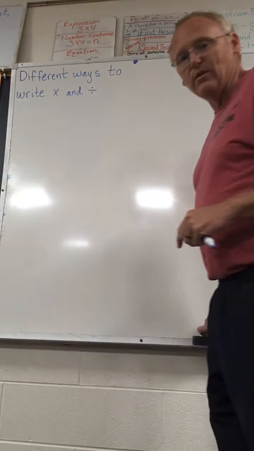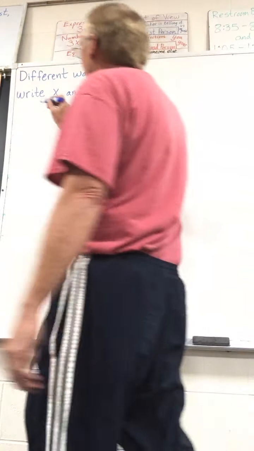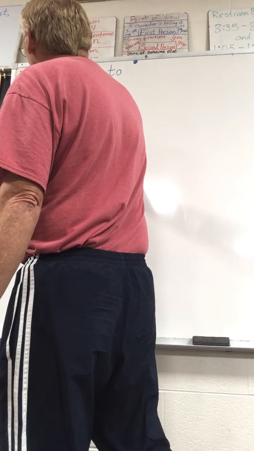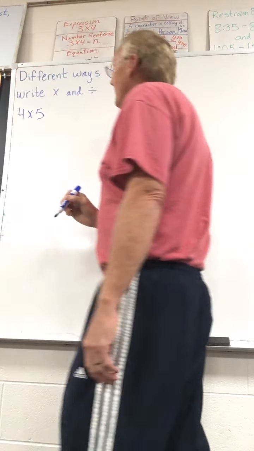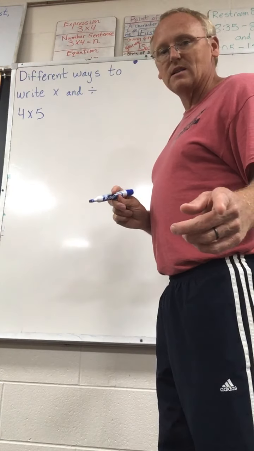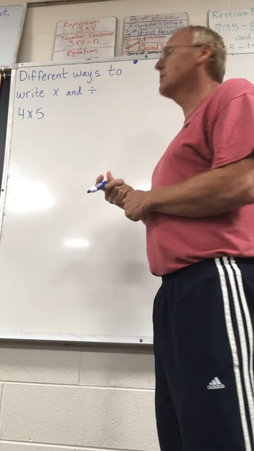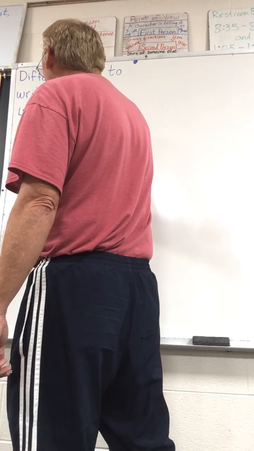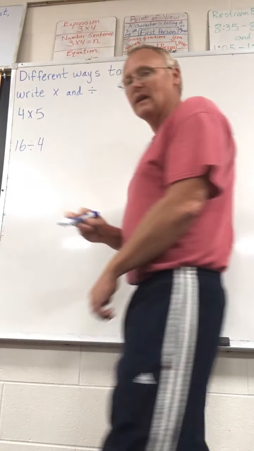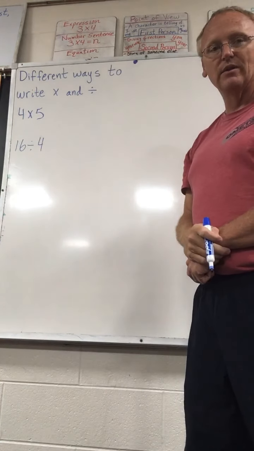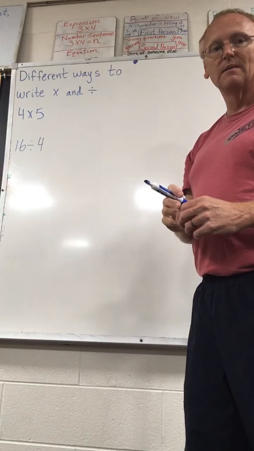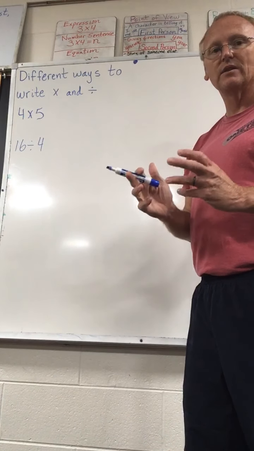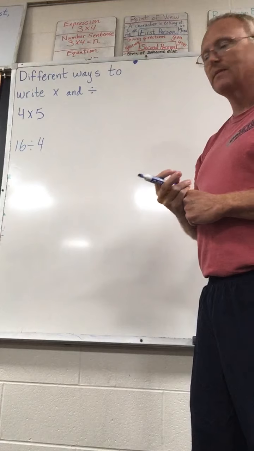Let's start by practicing 4 times 5, and write it in 2 other ways. And then I also want you to practice 16 divided by 4, and write that in 2 different ways. So go ahead and click pause, and when you come back, you can see the answers and see how you did.